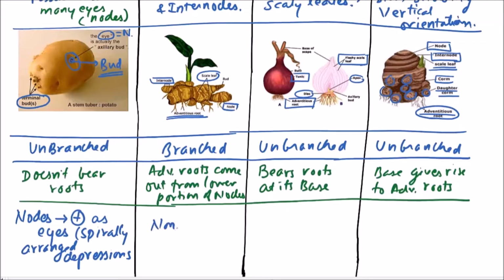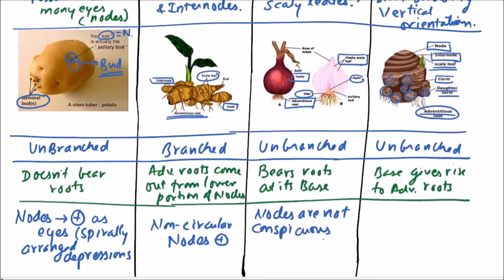In rhizome, the nodes are there, but these are non-circular. Here in bulb, nodes are not conspicuous, as the stem is highly reduced.